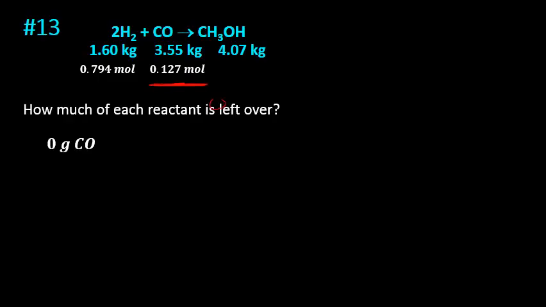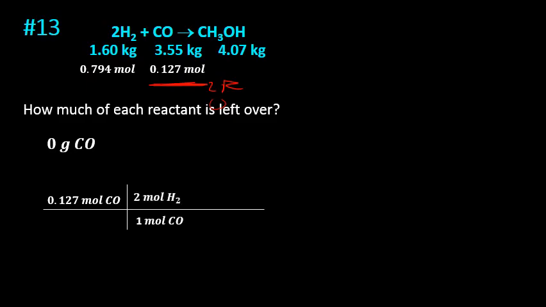We're going to use the limiting reactant because however much of that I used, I can figure out how much hydrogen was consumed. So using the moles of carbon monoxide, I'm going to do a mole ratio with the hydrogen. And now I can find out how much hydrogen I actually used to make all that carbon monoxide go away.